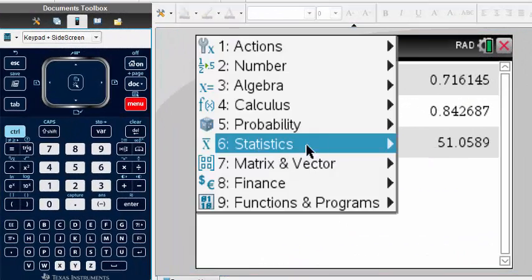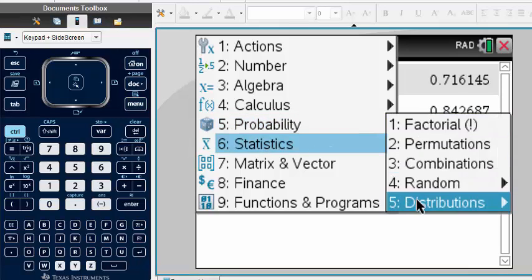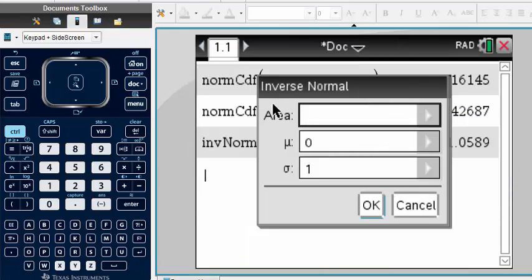So into our GDC we go. Area would be 0.15. That's the area smaller than the data value that I know, but I don't know the mean. So I can't put a value in right here. So what we do in this case, when we're looking for mean or standard deviation, we leave these as 0 and 1. We're going to treat these as z-scores now.